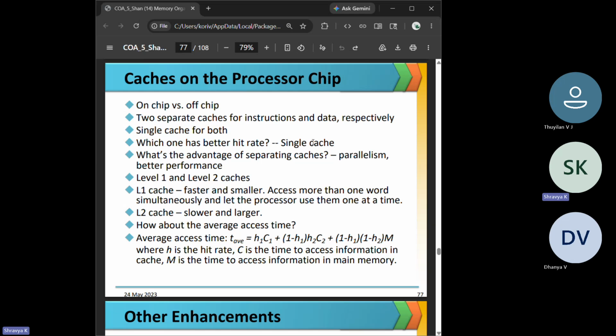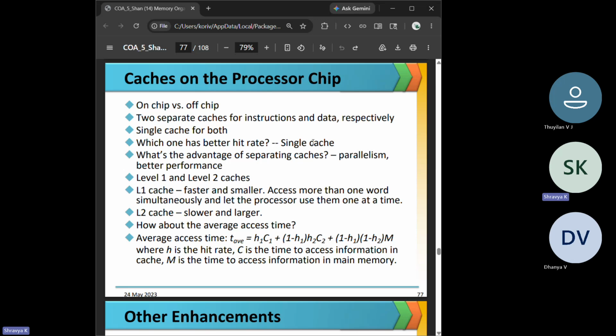Because if you have separate caches, you can imagine that at a certain period of time you don't require many instructions and you require a lot of data. So the memory you've set aside for the instructions is going to waste because it is empty, and you are only using the memory allocated for the data.